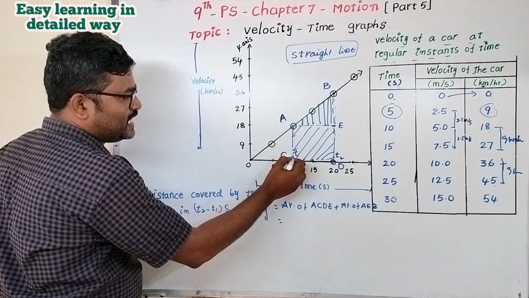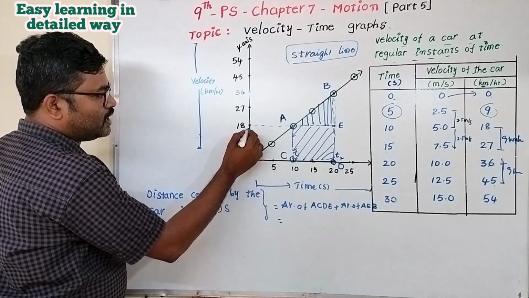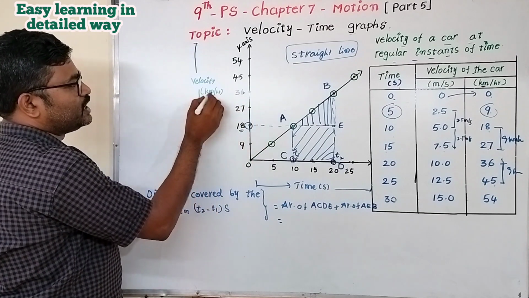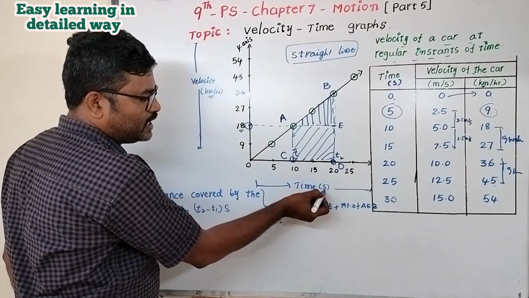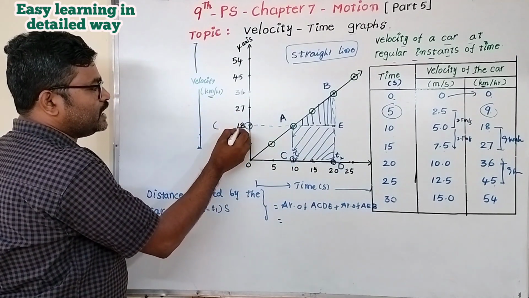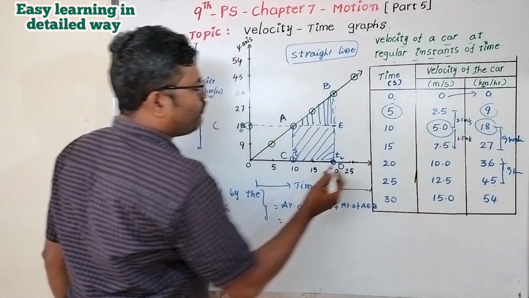See, what is AC? It is parallel to this, this much height, that is 18 kilometers per hour. These are in seconds, so we have to convert this to meters per second. See, 18 kilometers per hour is equal to 5 meter per second.